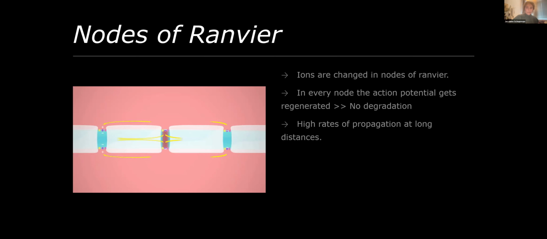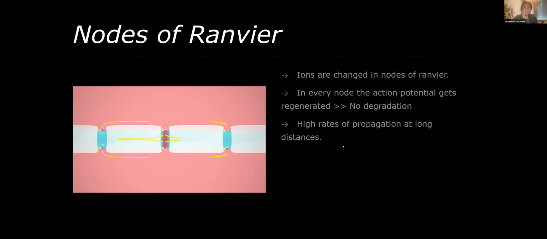This rapid conduction of electrical signal reaches the next node and creates another action potential. Thus the signal gets refreshed. This allows the signal to be propagated over a long distance at a high rate without the degradation of the signal. And this process is called saltatory conduction.